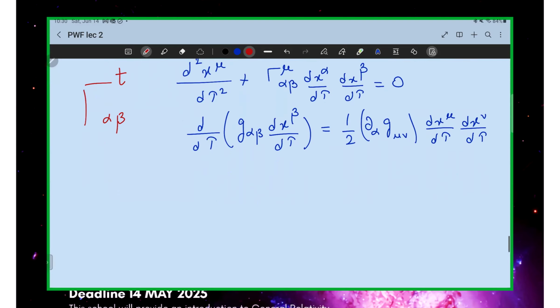Well, you do that by demanding that this alpha is time, right? Or alpha is t or zero, whatever you want to call it. So if this is time, you get something like this. And you know that here you will have 0.